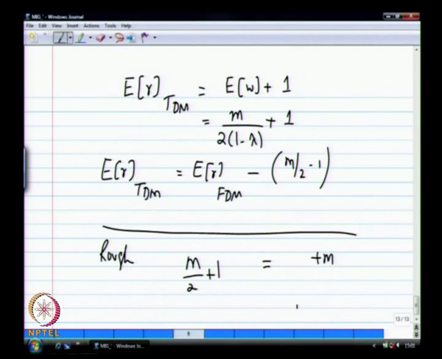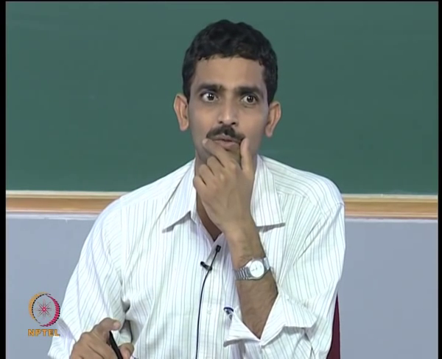So it will be m minus 2 and then, wait a minute. No, that term is going to be the same. We simplified this to m by 2 into 1 minus lambda.